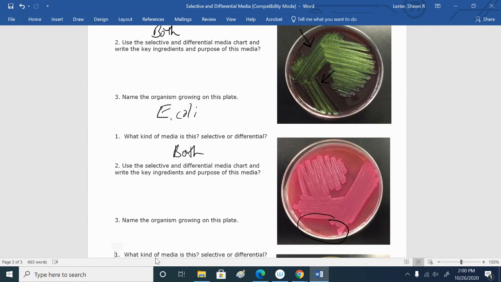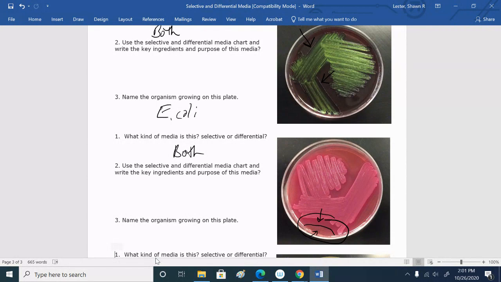And on this plate, not only can we see pink growth, but if you look right here in this area, this is the original agar color. And then here, you can see the agar has turned pink. So this organism has really fermented lactose a lot, so much so that the bile salts have precipitated, and the agar itself is turning that magenta pink color.